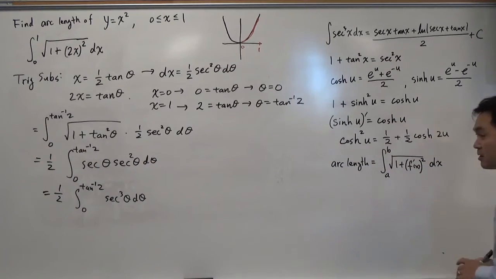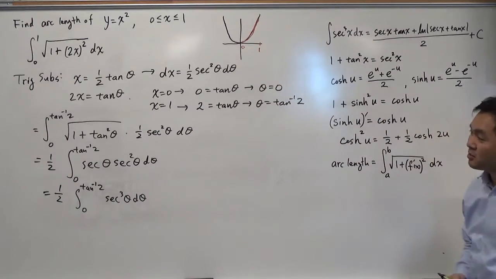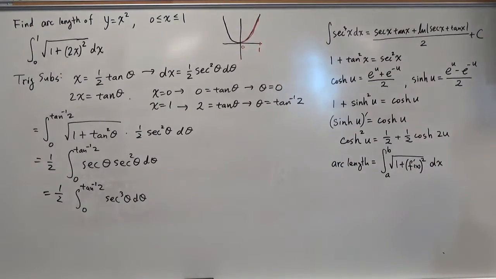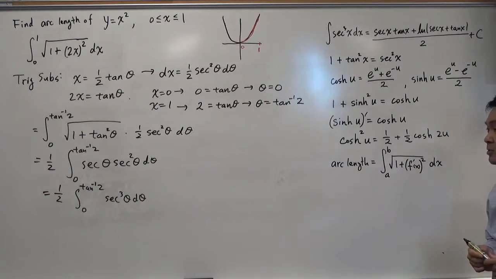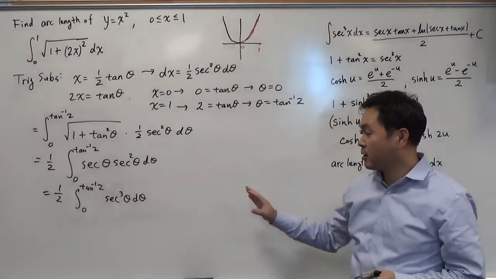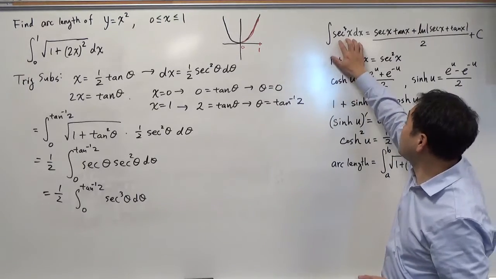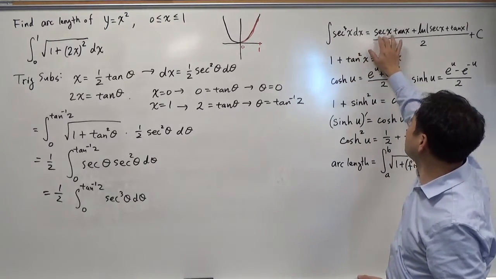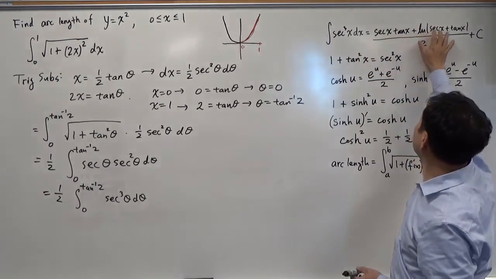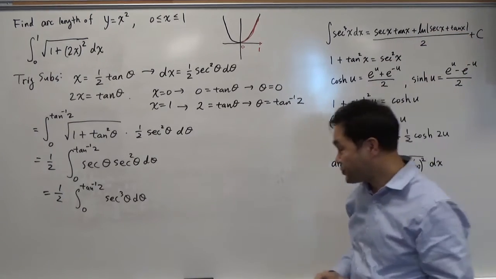Now that integral, secant cubed of x dx, is actually not so easy. It requires integration by parts and some additional ideas, so that's why I made a separate video for that. The result of that video says that secant cubed of theta would integrate to secant theta tangent theta and ln of secant theta plus tangent theta, plus c.